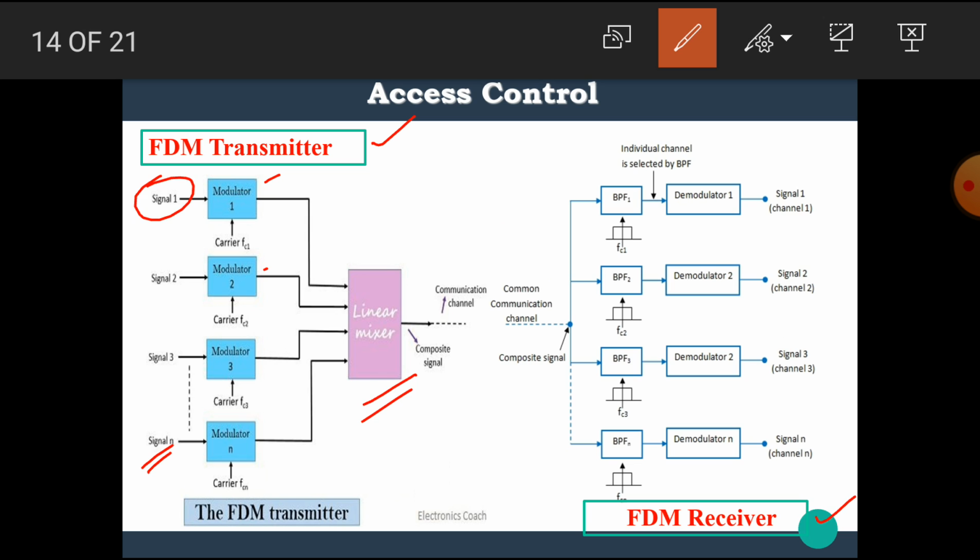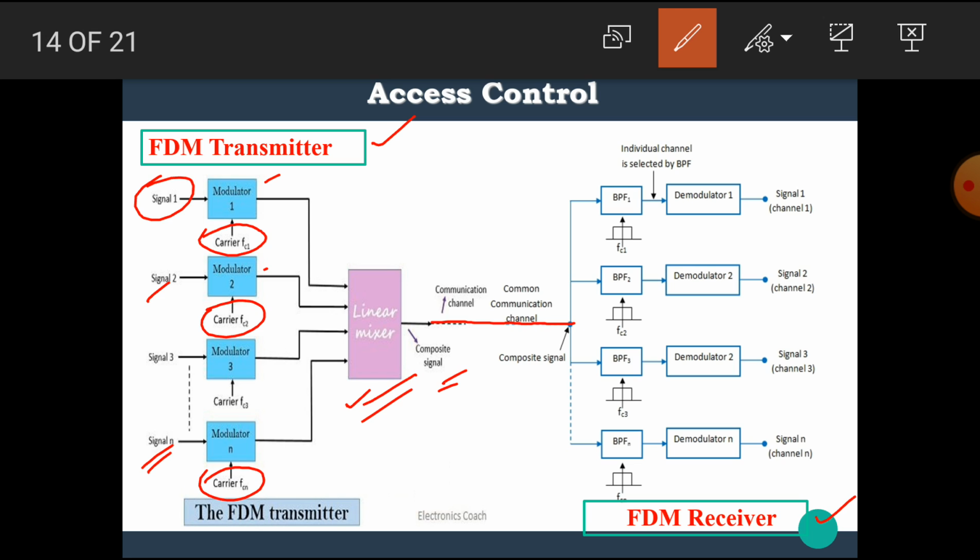Signal 1 is modulated with the carrier FC1, signal 2 is modulated with the carrier FC2, up to signal N, which is modulated with the carrier FCN. All these modulated signals are added in the linear mixer and a composite signal is made. This composite signal, or the communication channel, is given to the receiver.